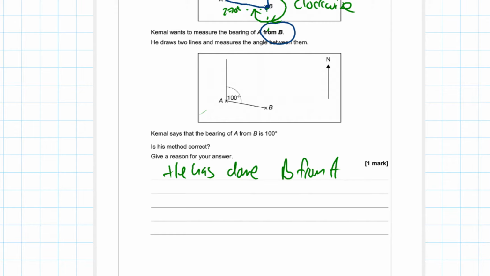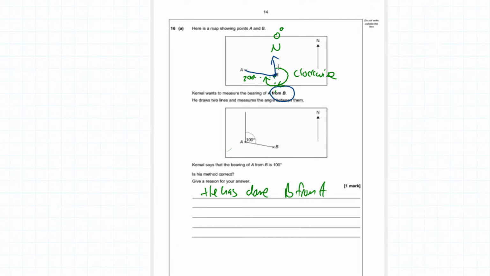If you wanted to find what the value is, we know that the angle here is 100 degrees, and we know that with parallel lines, if we have angles like this, these two angles must add up to 180, so this is 80 degrees.